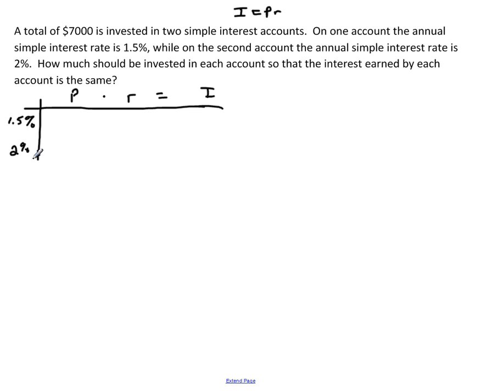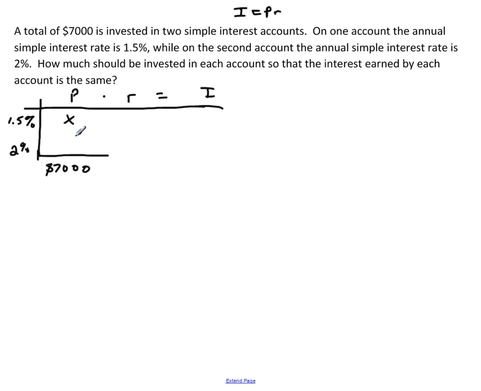Okay, what is our principal? Well, we know that we have a total principal of $7,000 to invest, but we're not told how much we should put in each account. When this is the case, let's say I don't know how much I'm going to put in my 1.5% account, but let's call it X dollars. How much does that leave me for my 2% account?